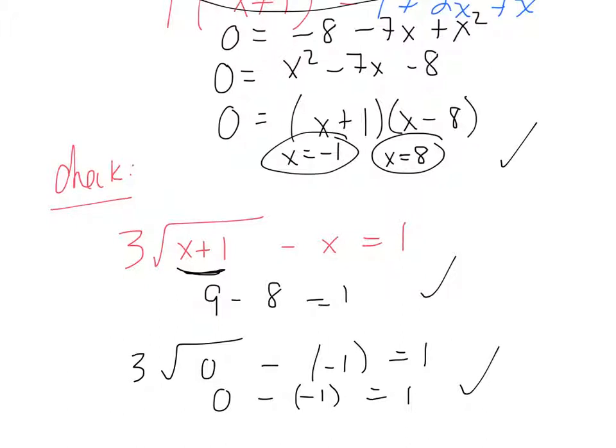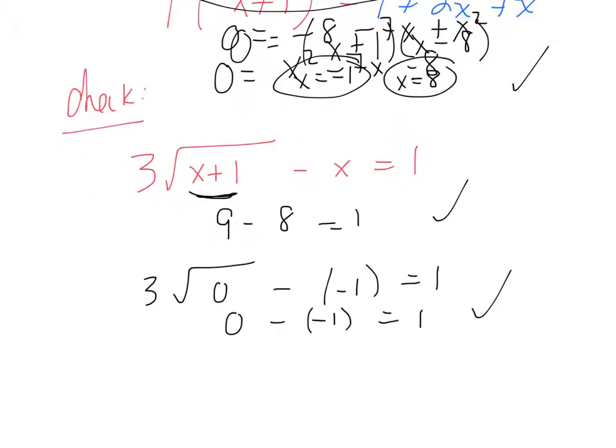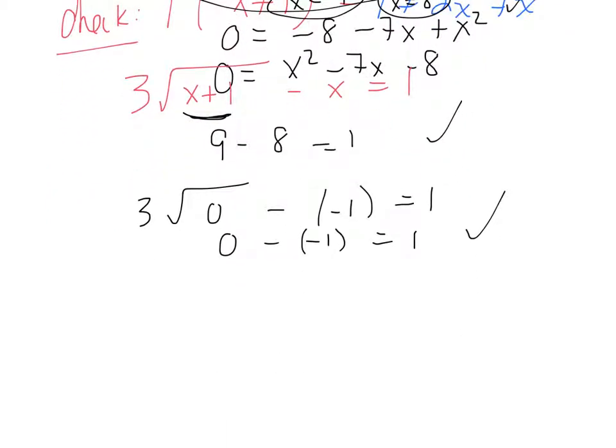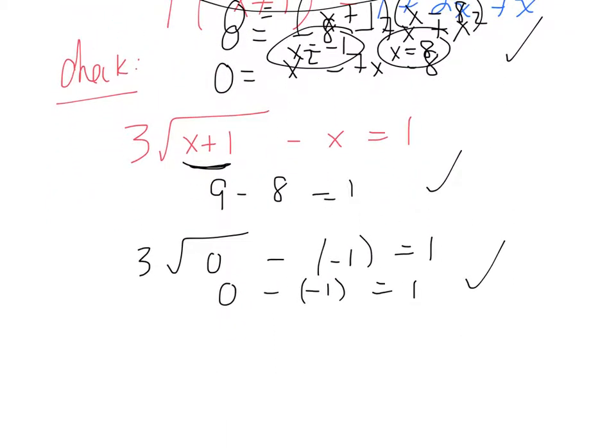Try part C and think about what you would do to start part C. I'll give you a minute or two to think about that one. That one's a little bit trickier. What would you actually do to start part C?